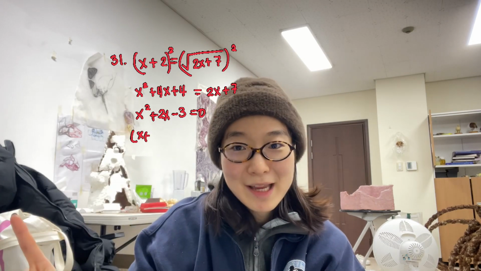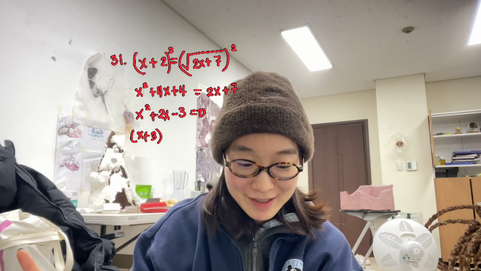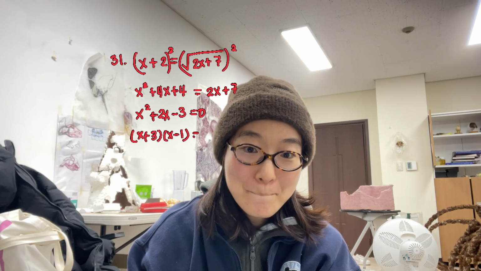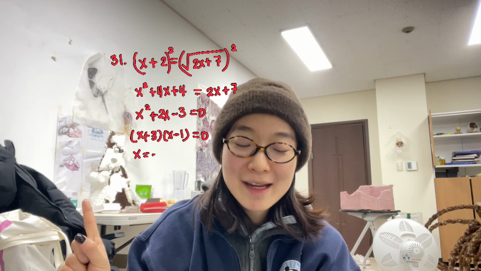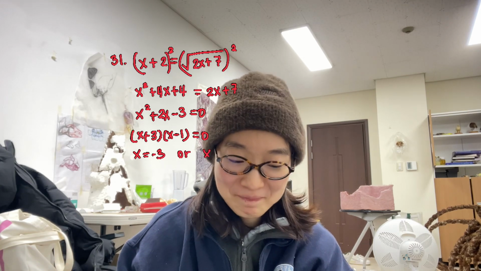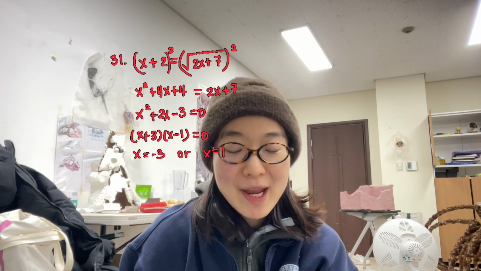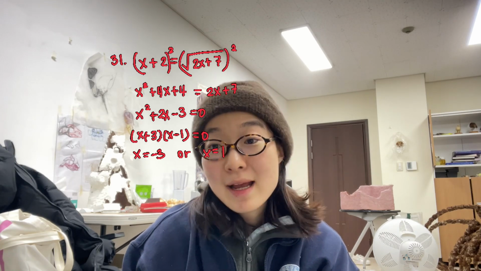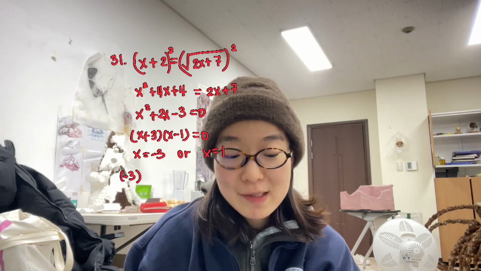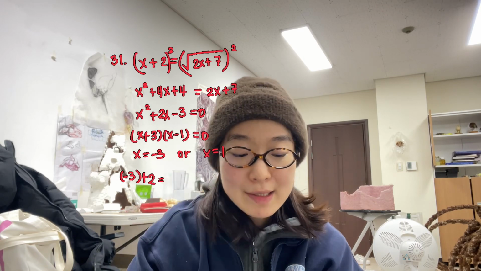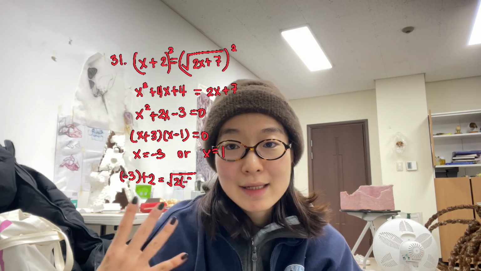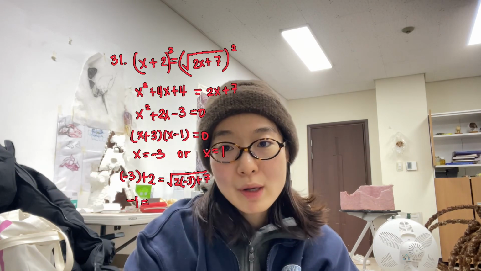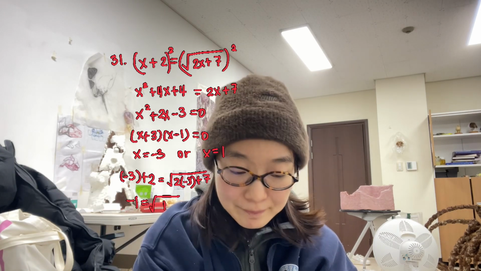This equation can be factored to x plus 3 times x minus 1. So right now we have two potential solutions, and we need to go ahead and check for extraneous solutions by substituting x equals negative 3 and x equals 1 and see if our original equation is valid.